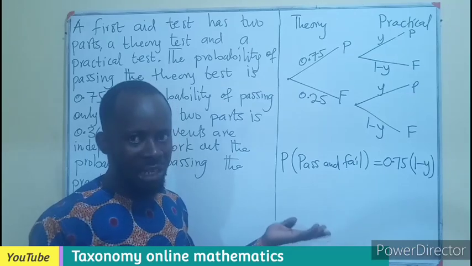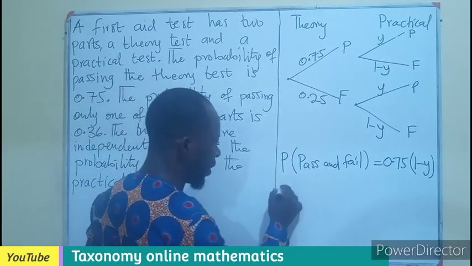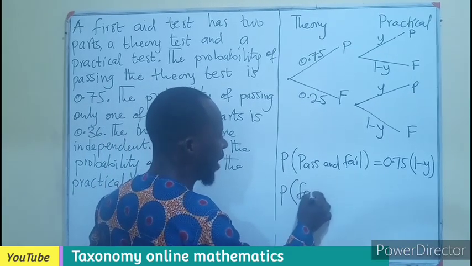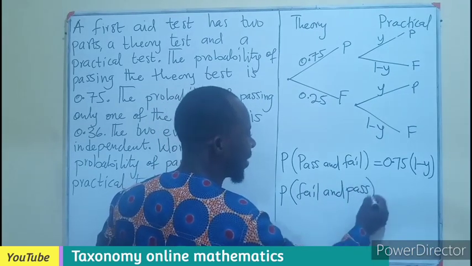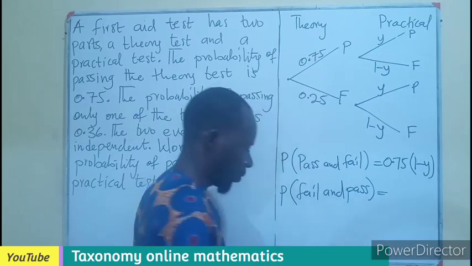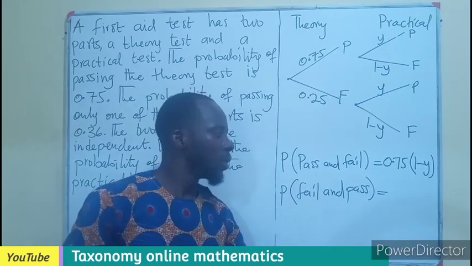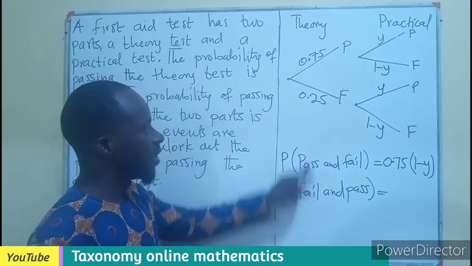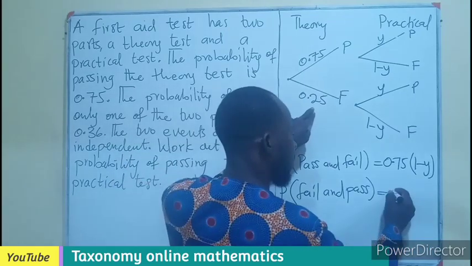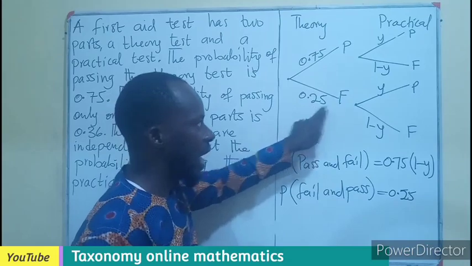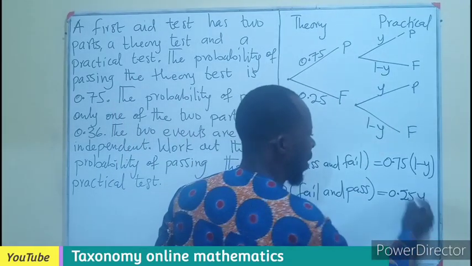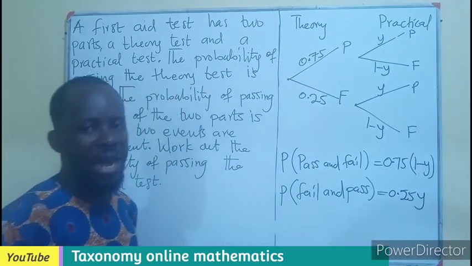That is one chance. Or it could be the probability of failing the first one and passing the second one. So we fail the first one, which is 0.25, you fail and you pass, you multiply by y.